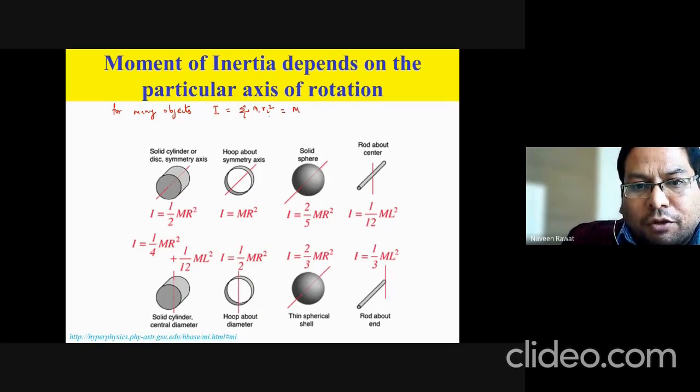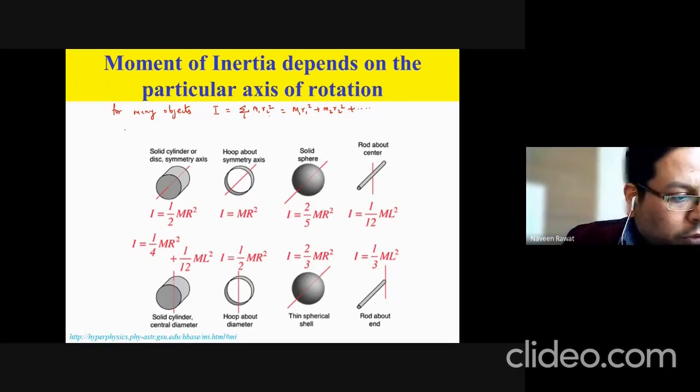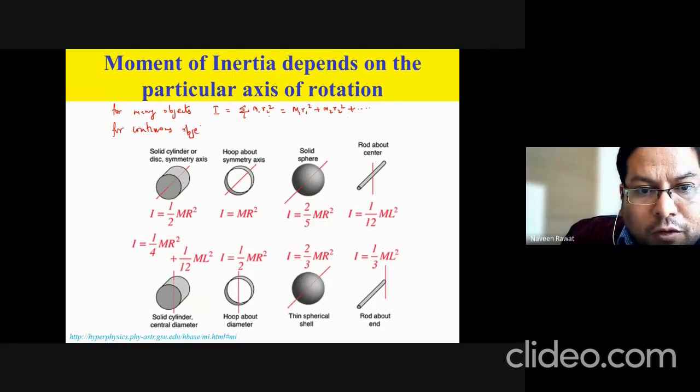That means if you have one object of mass m1 and radius r1, then it will have m1 r1 square plus m2 r2 square and so on until you have all the objects. Now we want to look at the same formula for continuous objects. For continuous objects like a sphere or a rod, this I will be an integral, and then we'll integrate over the entire mass, and then we'll have a term r square times dm.